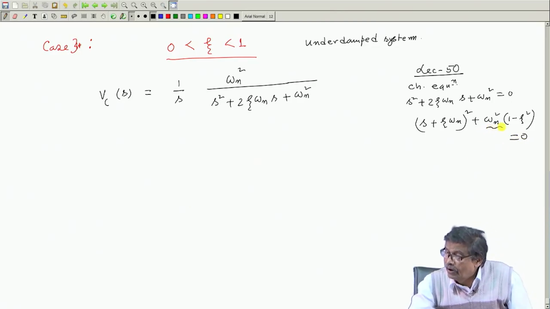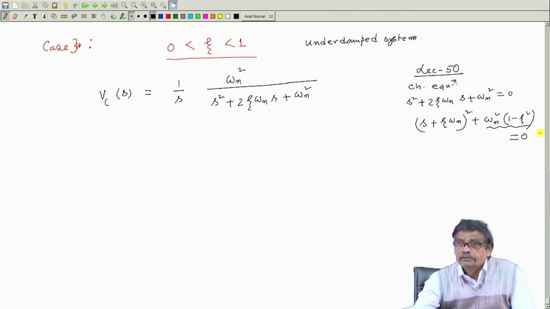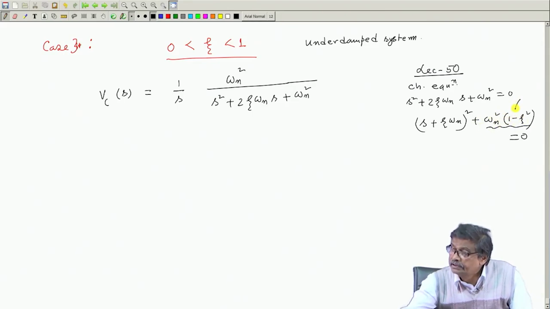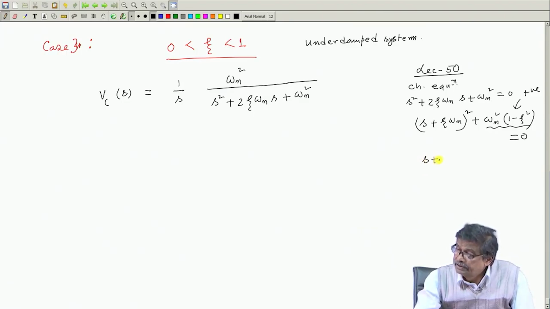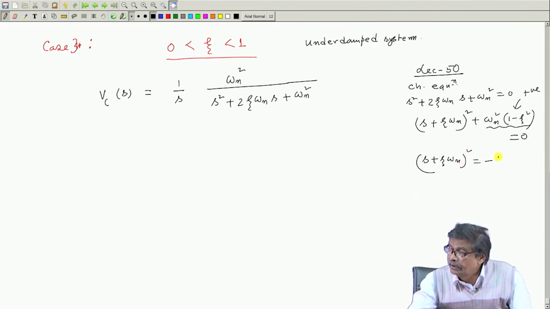Mind you, omega n square into 1 minus zeta square is always a positive number. Therefore, S plus zeta omega n whole square is minus of 1 minus zeta square into omega n square.